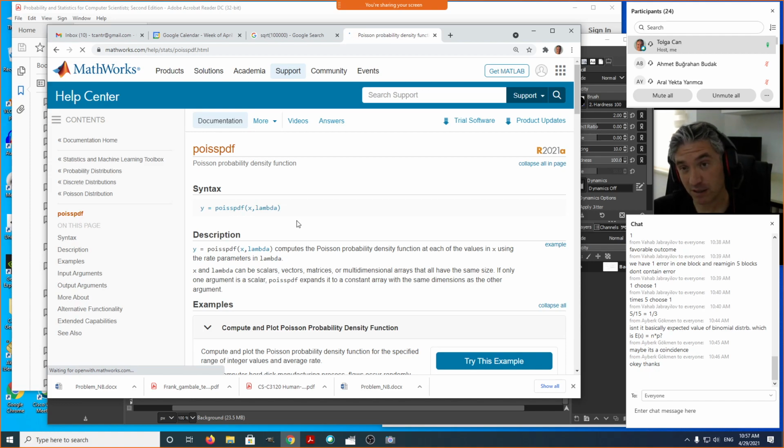Another thing: Sibel Hoca shared a post with you saying that if you're going to use MATLAB or Octave Online, you should be really careful about what these variables mean. For Poisson, it's okay, it means lambda. Especially, you need to be careful when you're using the exponential CDF. In exponential CDF, the lambda is not provided as a parameter.